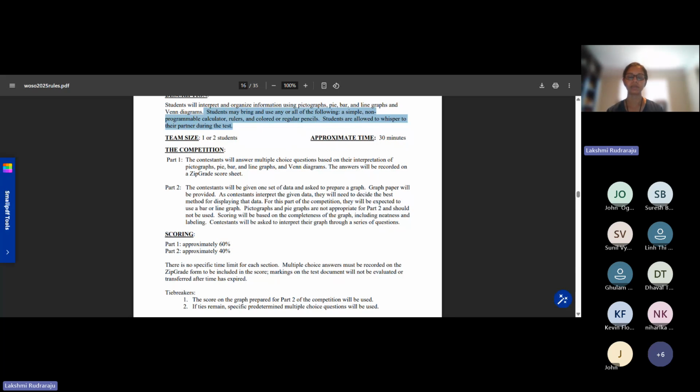Another very common observation is when they use the ZipGrade form to answer the multiple choice questions, the questions are sequential. They can be 1 to 50, let's say, in part 1. They have to make sure to fill the bubble in the ZipGrade form for that specific question number.